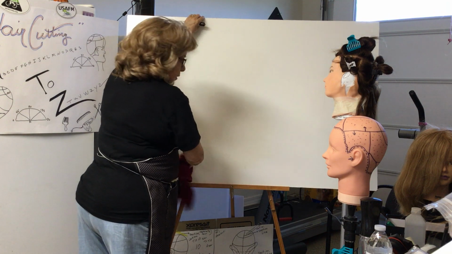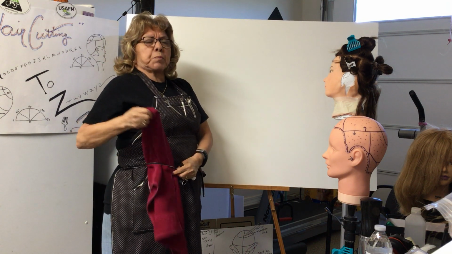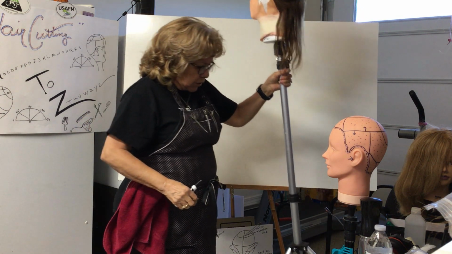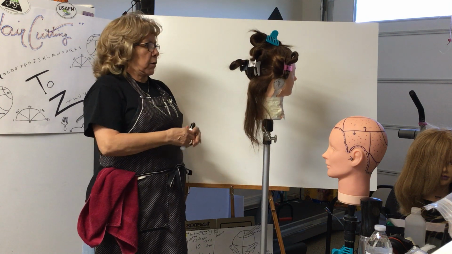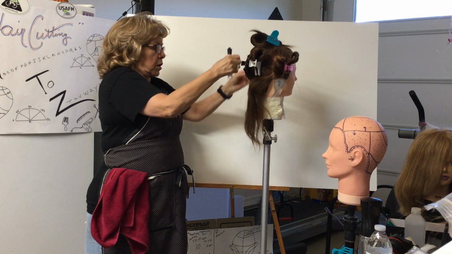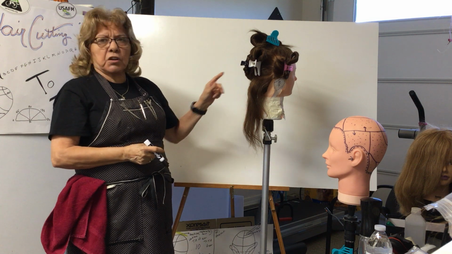And I have to tell you something. It really gives the clients, when I'm teaching, respect for the student. When they have a mannequin or a client comes in, and I tell them, all right, I need you to subsection, let's do some diagonal parts. And you're just going to subsection along the nape line.